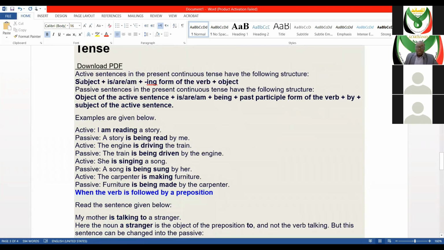Let us see the active sentences in the present continuous tense. They have the following structure. Can you see it clearly here?